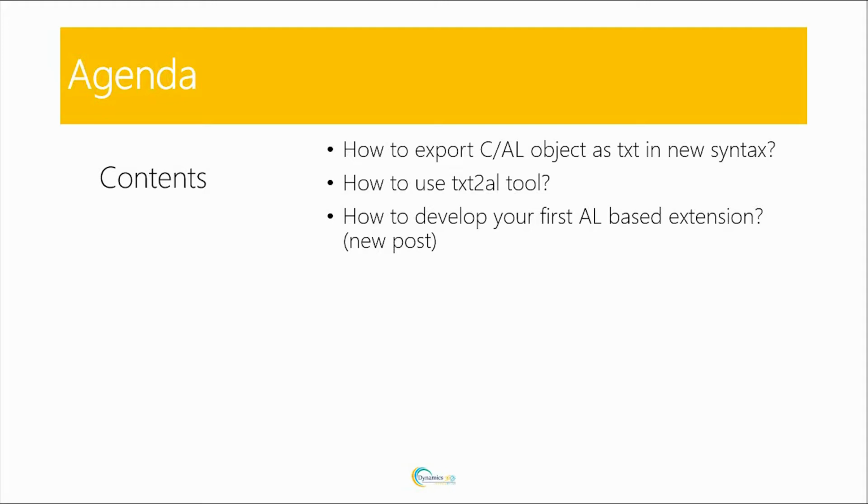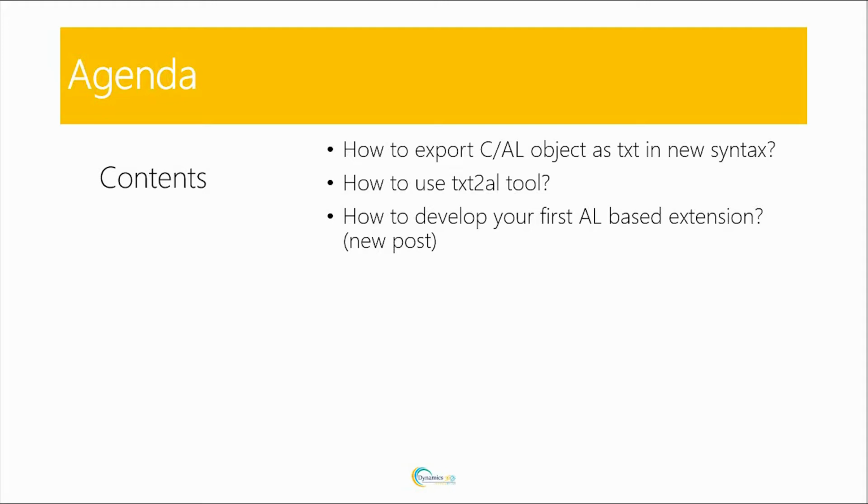Then we will see how we can use the text-to-AL converter, and because this is a standard tool shipped by Microsoft, we'll see in which folders we can find this tool. At the end we will see how we can generate .al files for extension building for Extension 2.0.